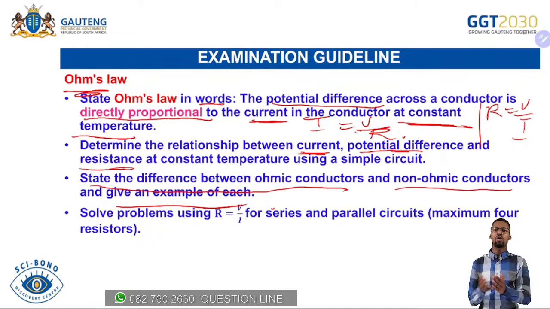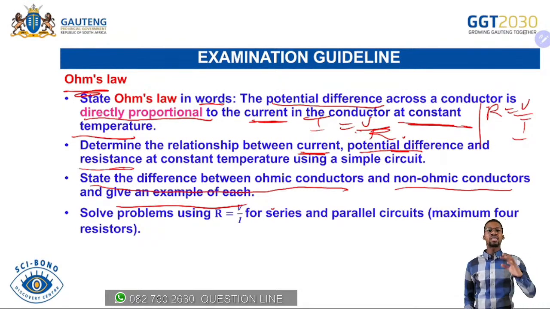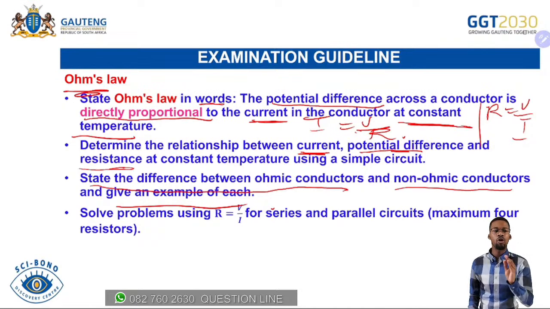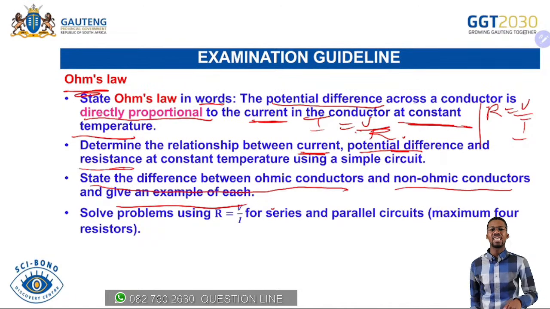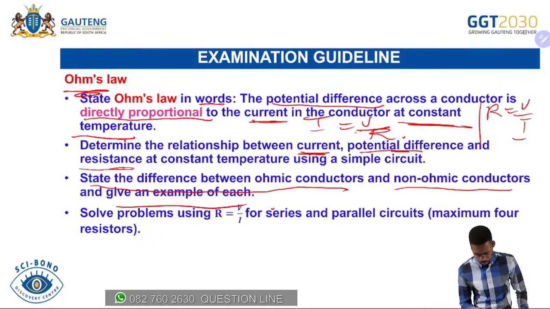Some conductors, when current is flowing, have a temperature that increases. Such conductors do not obey Ohm's law because they neglect the statement that says at constant what? Temperature. Once we start to have a difference in temperature, that conductor is non-ohmic because it does not obey Ohm's law.